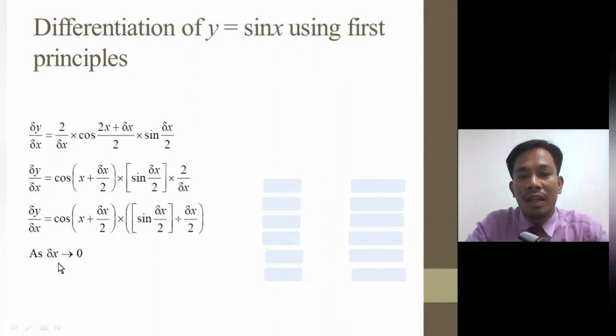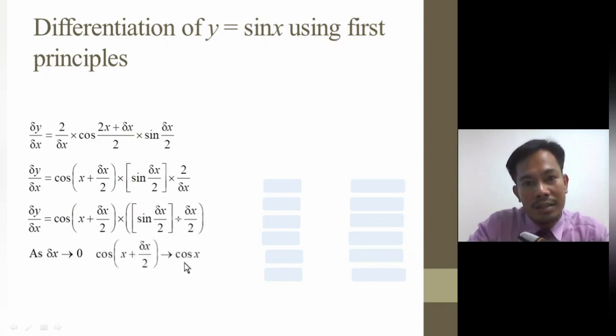If the increment of x becomes 0, then the increment of x over 2 is 0, plus x is x. So this part, cosine of the angle x plus increment of x over 2, will just become cosine x.